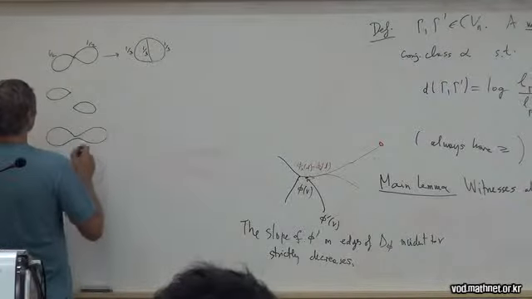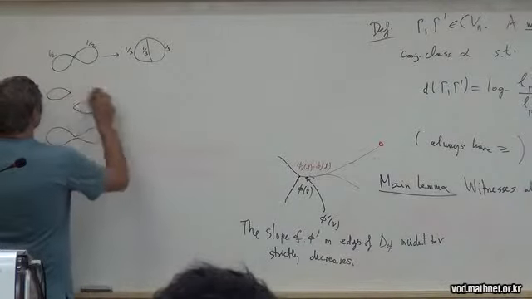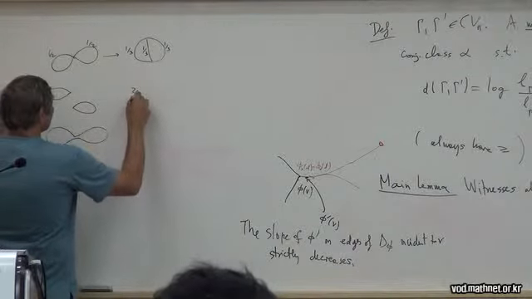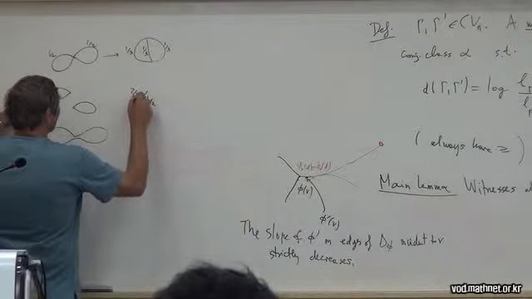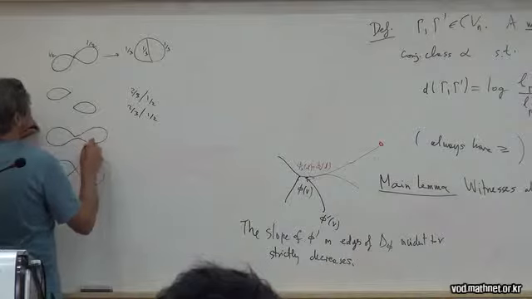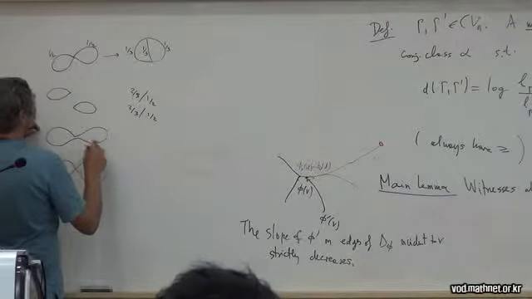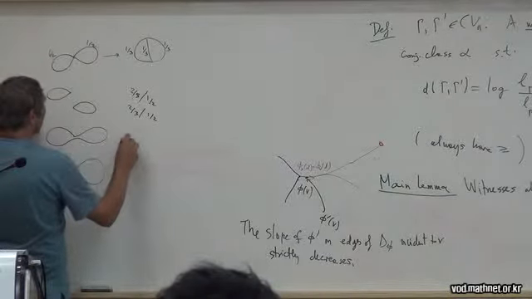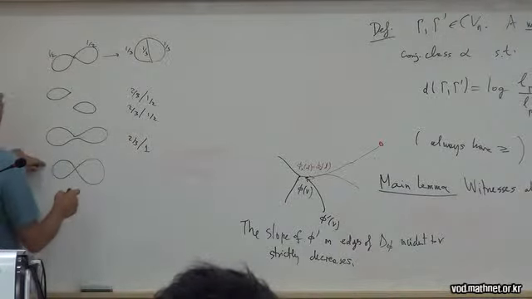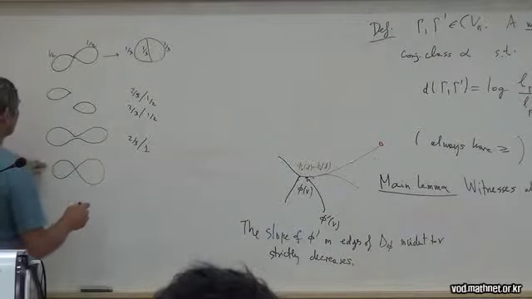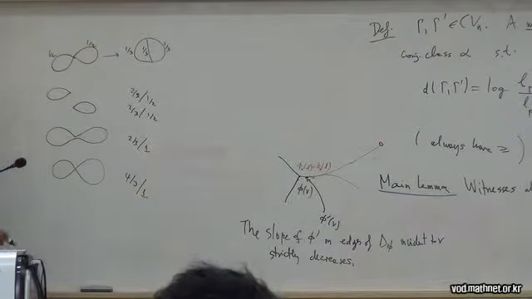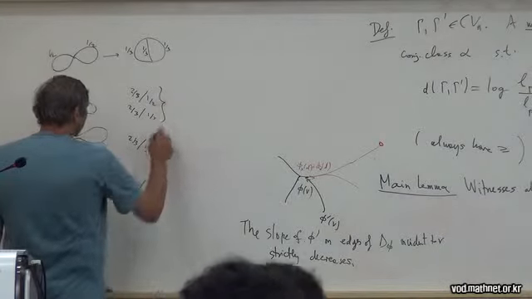For this loop here, it's 1/3 divided by 1/2. No, 2/3 divided by 1/2, right? For this one, it's the same. For this one, it's 2/3 divided by 1, right? And for this one, it's 4/3 divided by 1, right? And so the maximal ones are these 2 and this one.